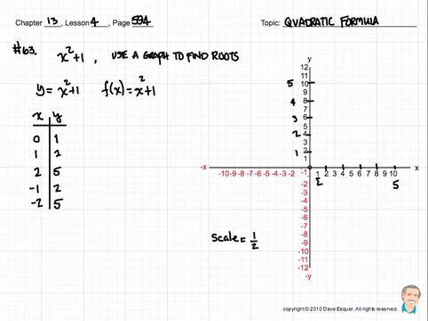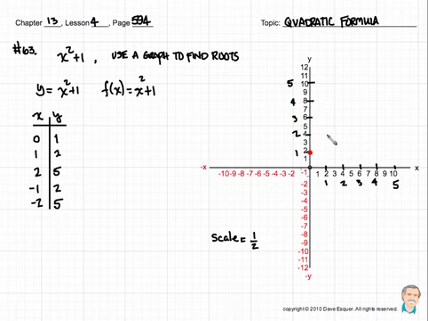So here we go. We got 0, comma 1. Let me do that in red so we can see what this is going to look like. 1, comma 2. I better mark myself to make sure I don't make a mistake. 1, 2, 3, 4.